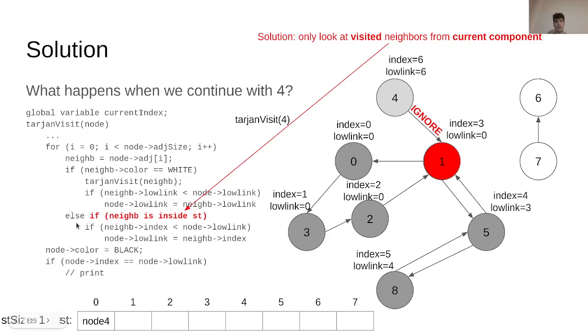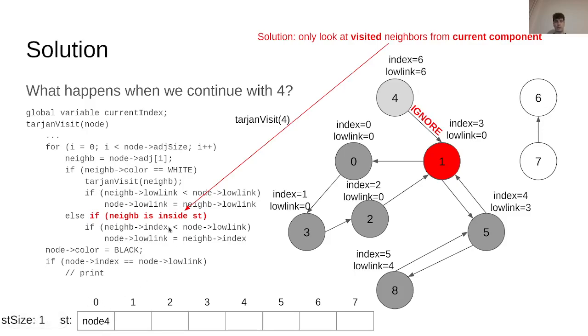So here we can add a check. If the node was visited and the neighbor is in the same stack, in the same component, then only then we check the index. Only look at visited neighbors from the current component. And if we do this, the index and lowlink of 4 will remain the same, and 4 will be printed as a component just fine.